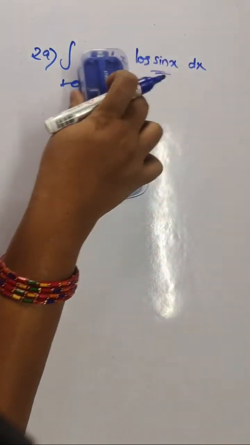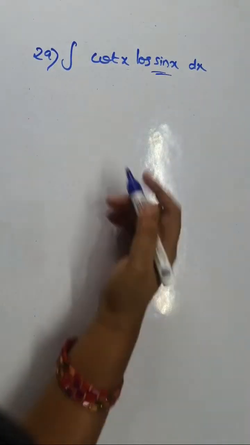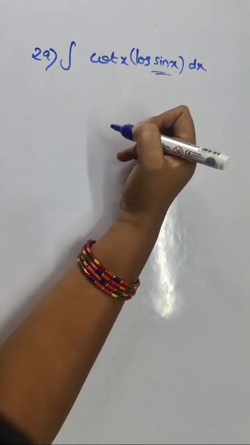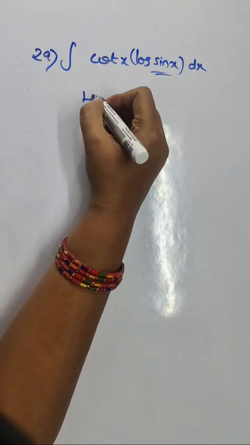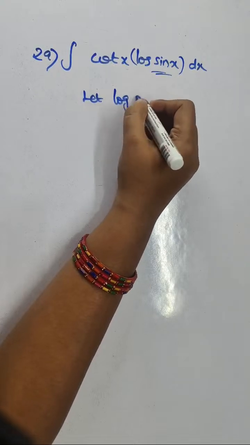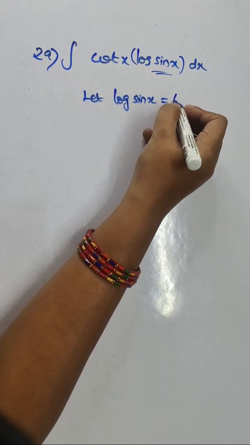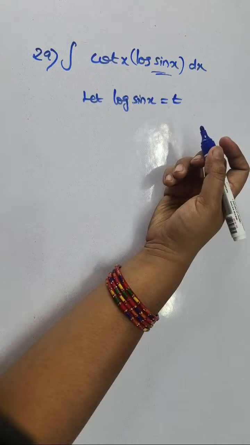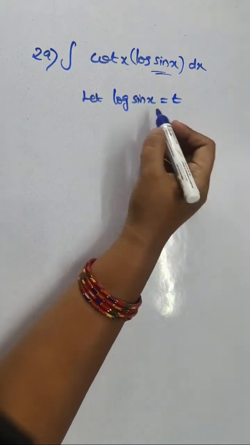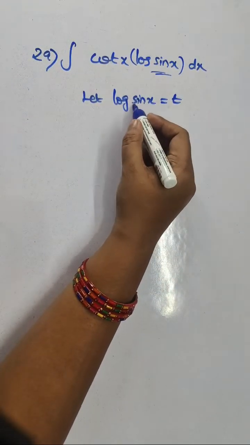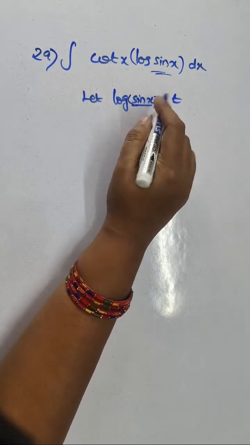So what we can do is, because here also you have a product of two functions, let's try to take log sin x as t. Differentiate both sides with respect to x.